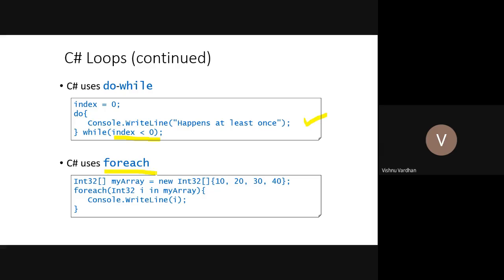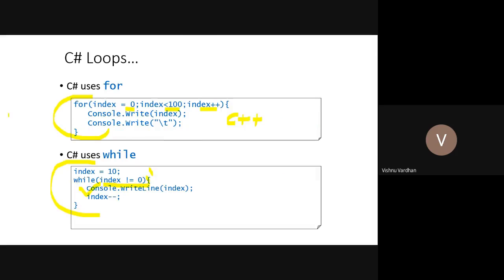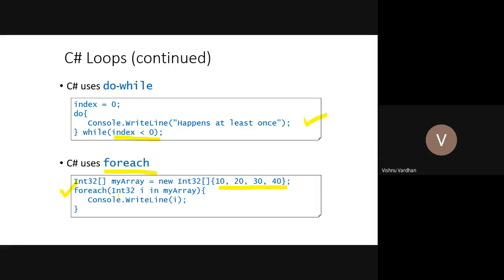Then C sharp uses foreach. It's a specific advanced kind of implementation where you can iterate through some arrays or hash lists in an easier way, and it's completely type safe. Generally you will be getting errors whenever your index is not matching, suppose there is a probability of the index being exceeded. These kinds of errors may happen with the for block, but with the foreach loop it will certainly not occur.